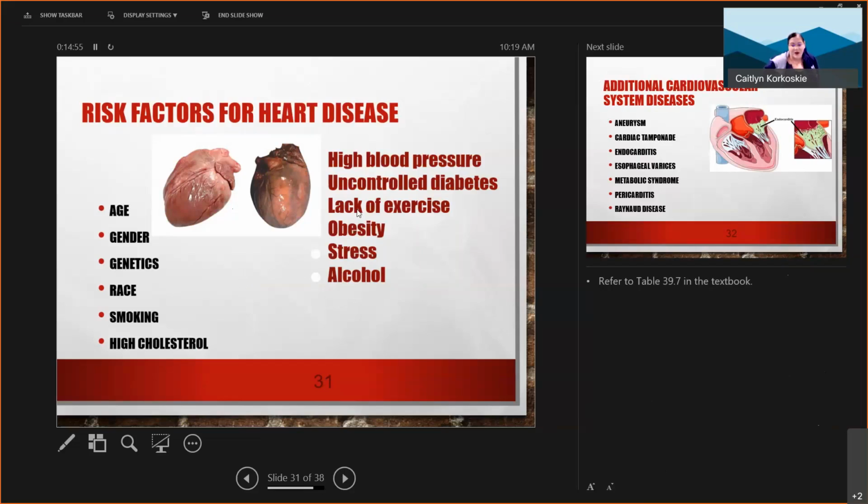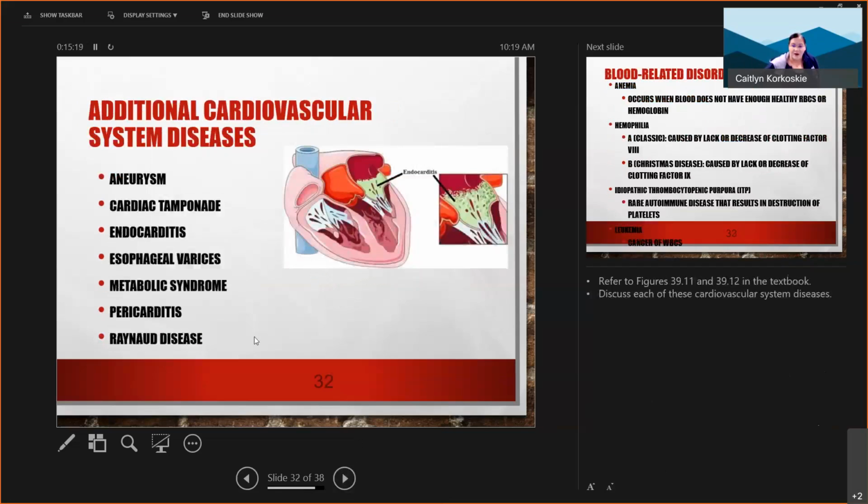But someone who exercises is going to be strengthening that heart muscle. Just like if you do certain exercises for your arms and you're strengthening that muscle, you're also strengthening your heart muscle, because your heart rate increases and you're having those contractions more frequently. So you're basically working out your heart, which is good.